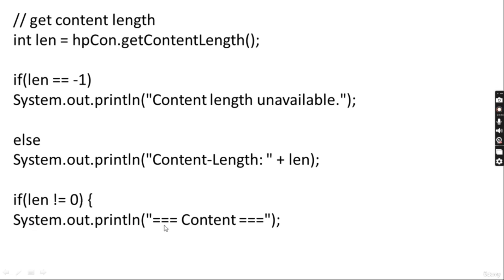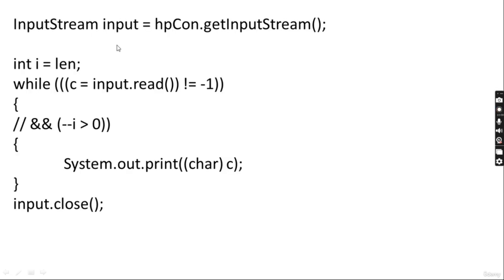If length is not equal to 0, we get the content and display it. httpCon.getInputStream gives the input stream object. Until the end of the input is encountered, it will iterate in this while loop and display the contents, and then close the input stream.